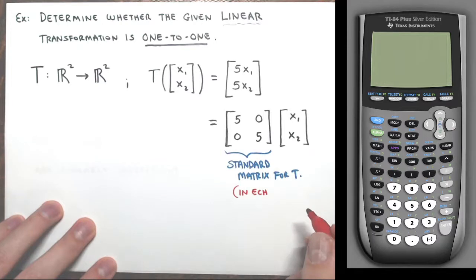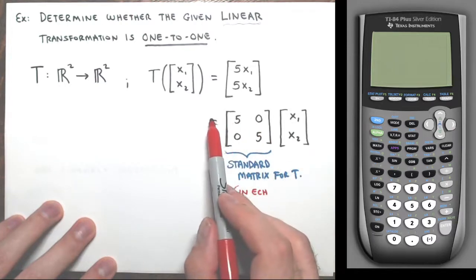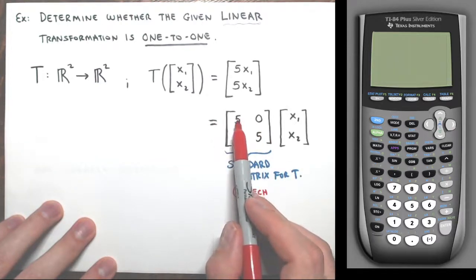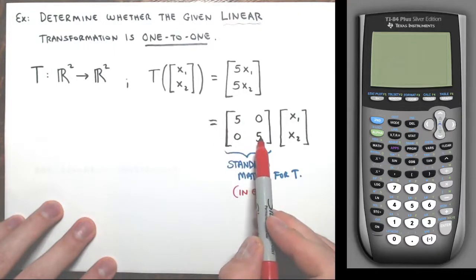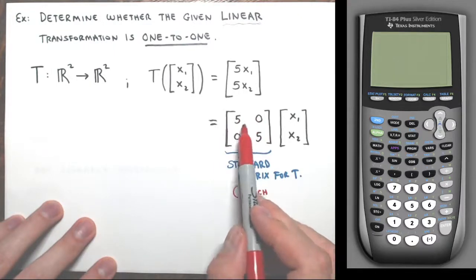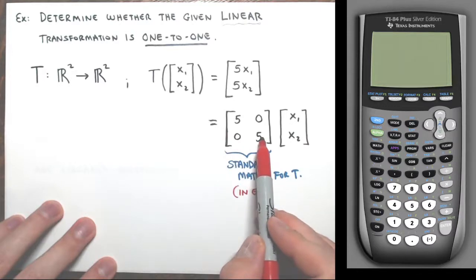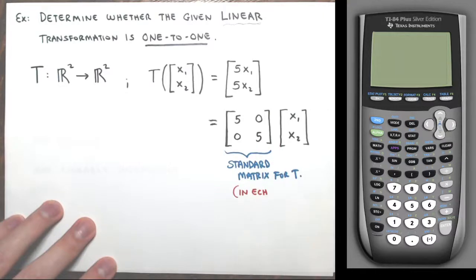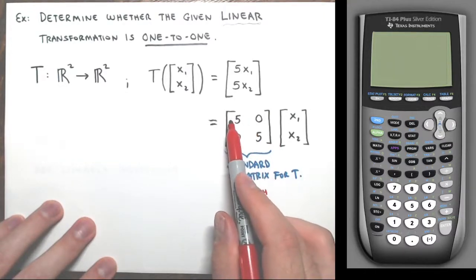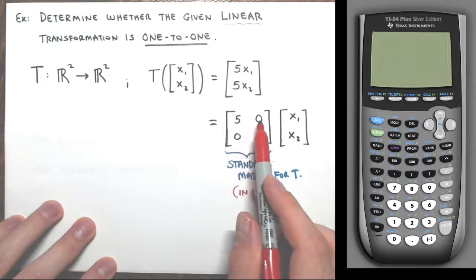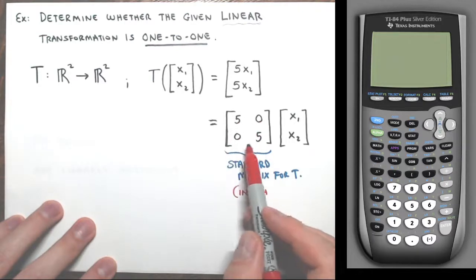To put it in reduced echelon form, I just make sure that all those leading non-zero entries, all those pivots, are 1. So I'd multiply this by a fifth and this by a fifth, and then make sure that there are zeros below and above, not just below the pivots. So if I were to put this in reduced echelon form, it would be the identity matrix, 1, 0, 0, 1.